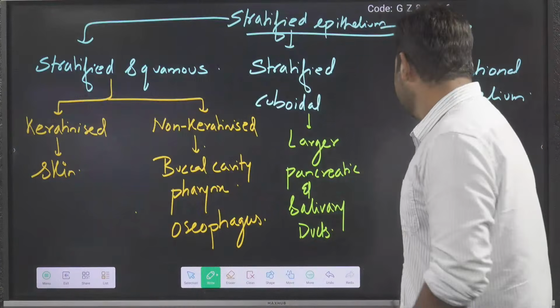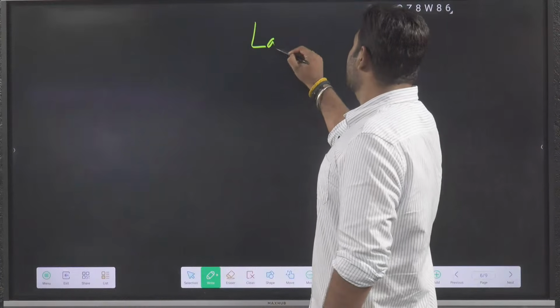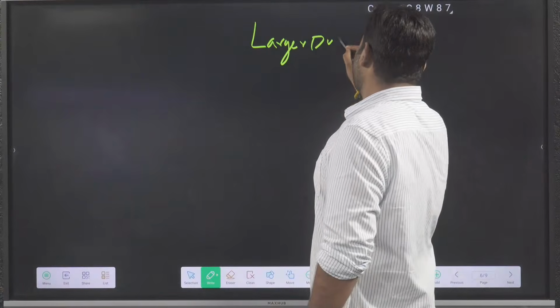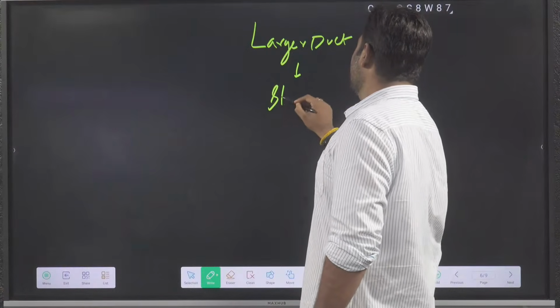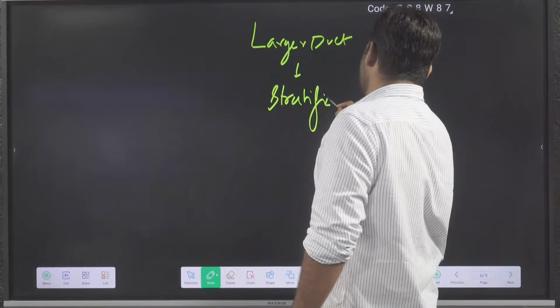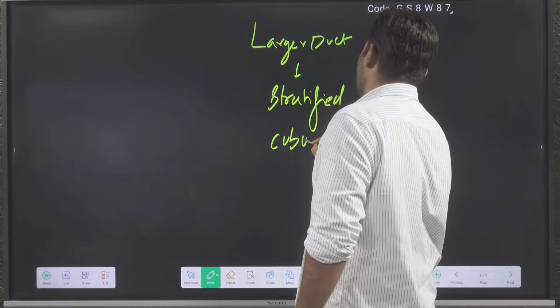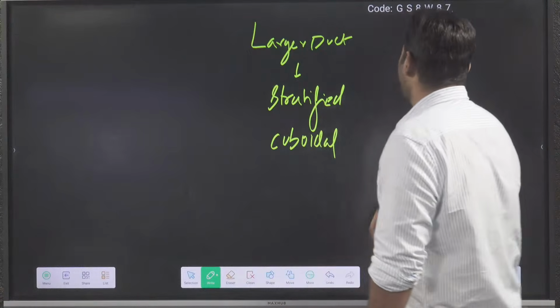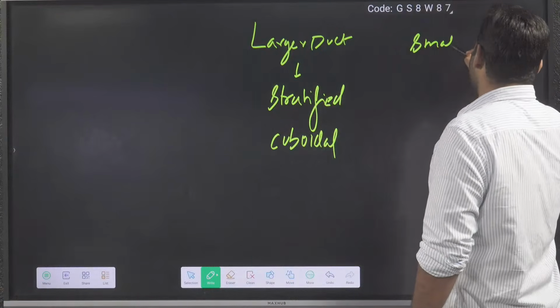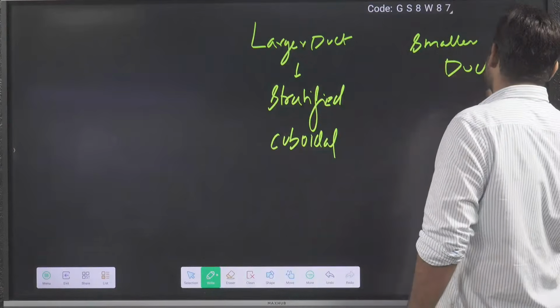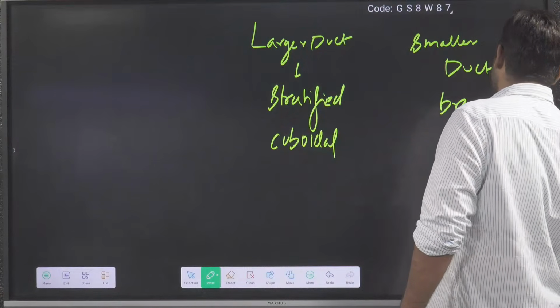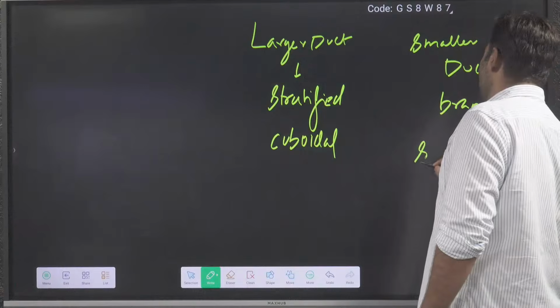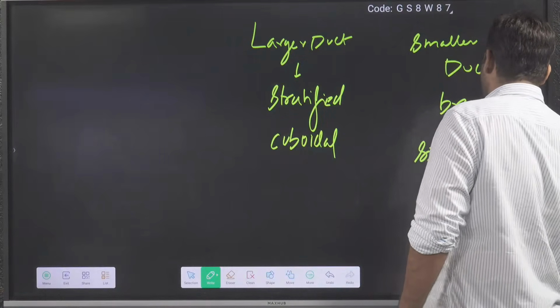In small branches, you will put simple cuboidal. Are you getting me? In the larger duct, nature has already put stratified cuboidal. In smaller duct branches, we will put simple cuboidal.